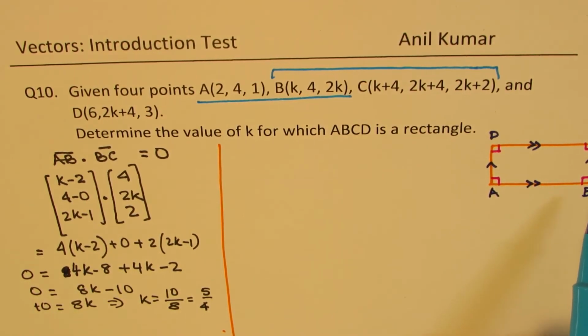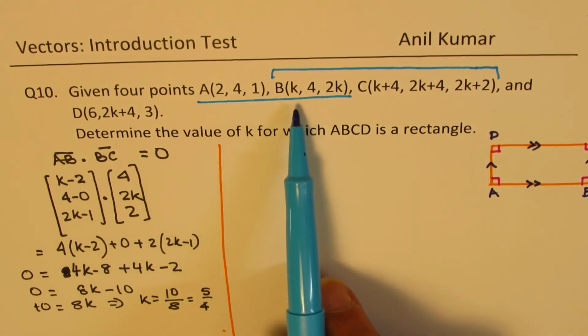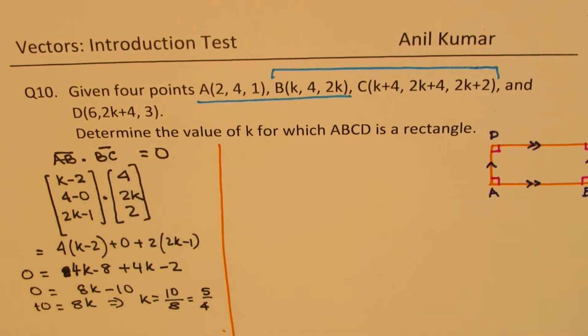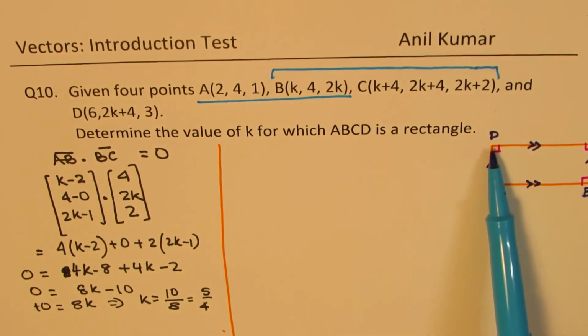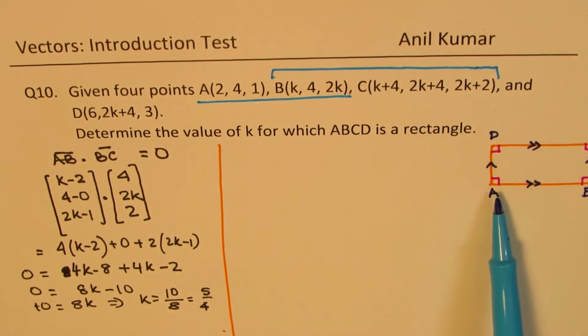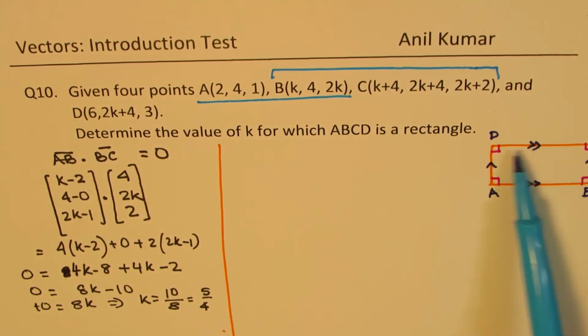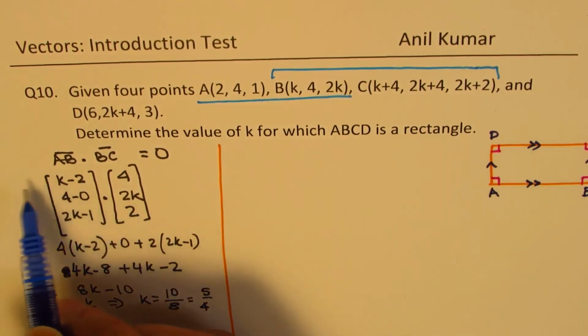Now what we could do is, we can substitute 5 over 4 and show that AB and BC are perpendicular. Let's find what DC is, and we have to show that AB and DC are parallel. Correct? In that case, that will also be perpendicular to this, correct? So let's find what DC is, right?